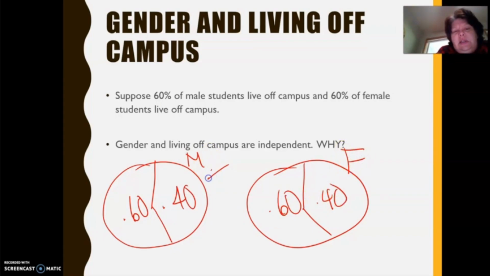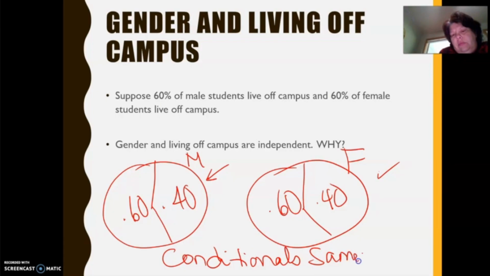So this one's the conditional distribution of living on or off campus, given that they're male, and the one on the right is the conditional distribution of on campus or off campus, given you're female. And those are the same distribution. The conditionals look the same. If the conditionals look the same, they're independent. So that's another way to check if things are independent.